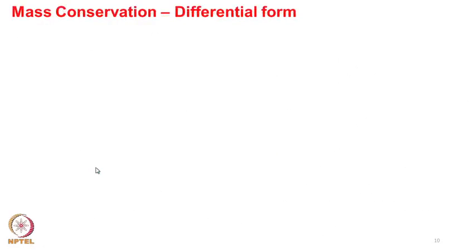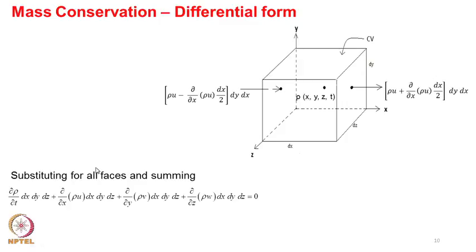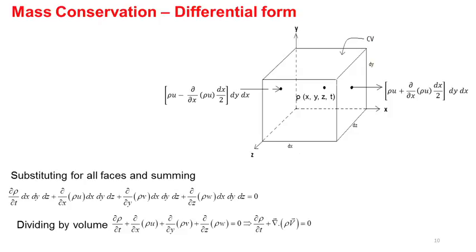So, if you do that arithmetic, substitute for all phases and sum them up, and divide by the volume dx, dy, dz, that term appearing in all the three terms of the spatial as well as the temporal, then you get dou rho by dou t plus dou by dou x of rho u plus dou by dou y of rho v plus dou by dou z of rho w.